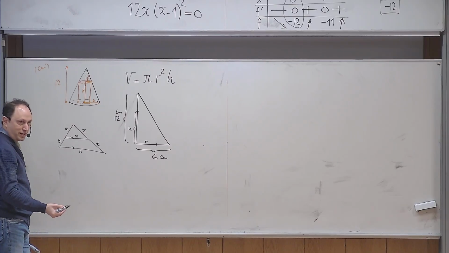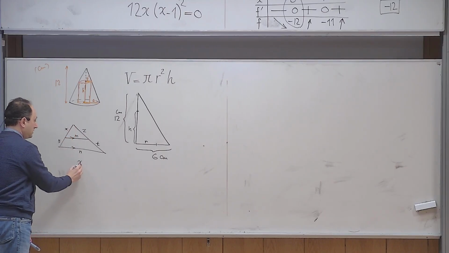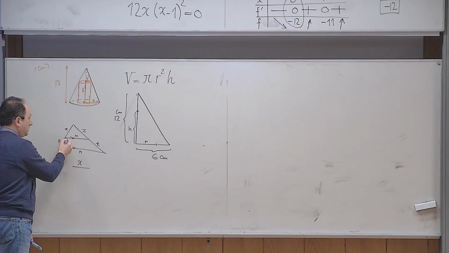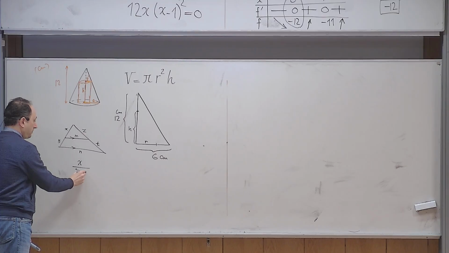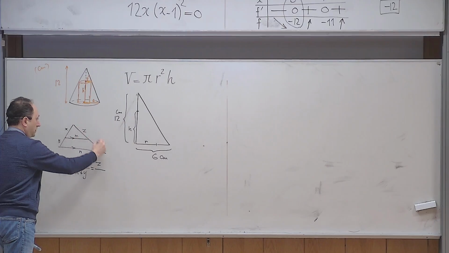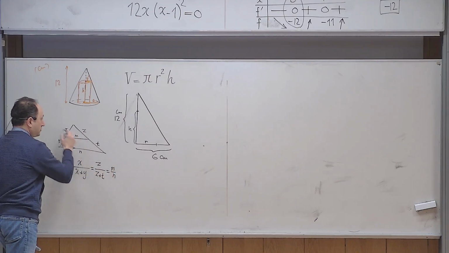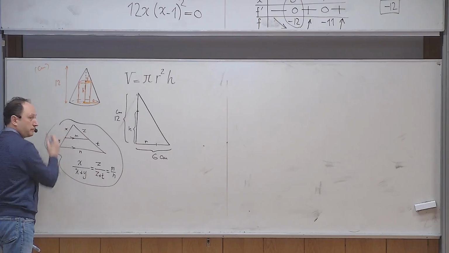Have you seen similarity before? You can write x divided by the whole length, x plus y, equals z over the whole length, z plus t, equals m over n. This is a famous Ma3c theorem.